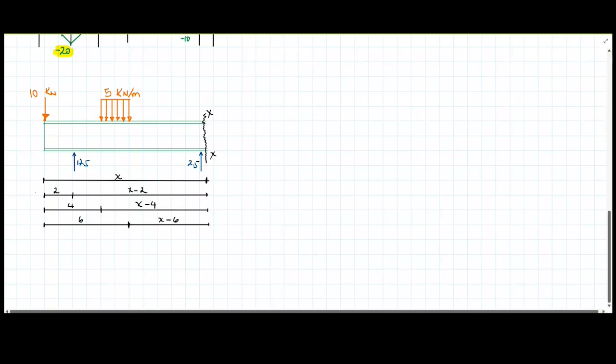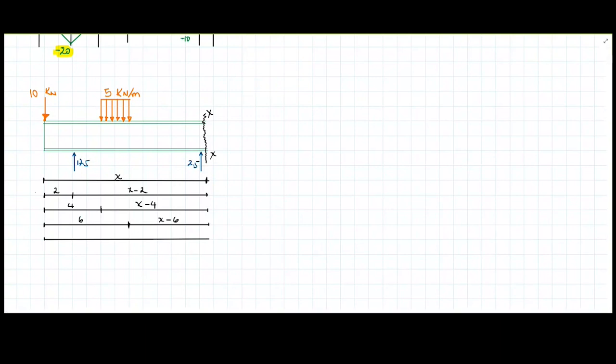Finally, I'm going to have this line here, this reaction in point E, and from this point to this point, this is going to be 10, and this small part here is going to be X minus 10.